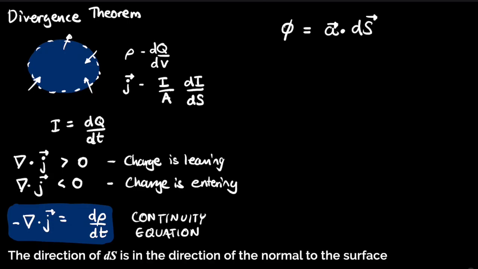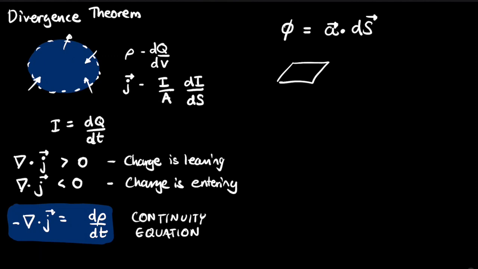Obviously, it's going to matter what angle the flux is entering from. You're going to get much more flux if the flux density is heading straight through this area right here than if you have something like this. Obviously you're not going to get quite as much flux, but that's taken into account by this dot product right here.